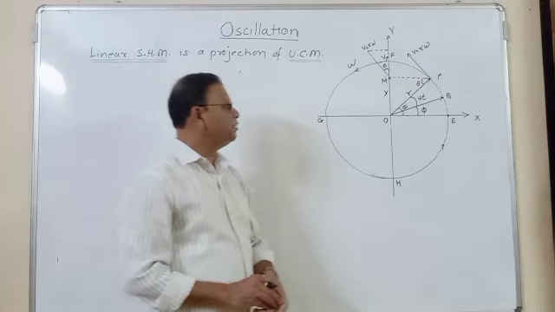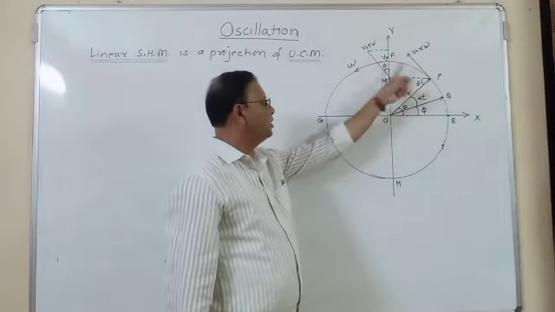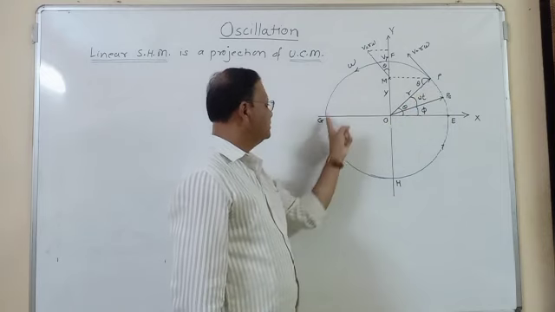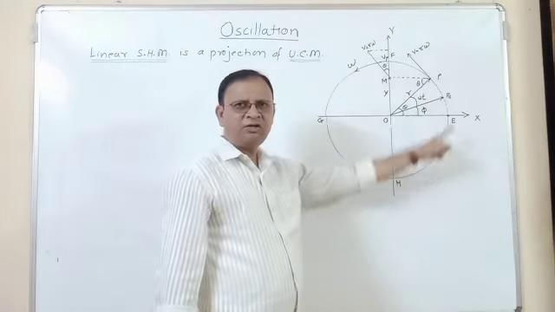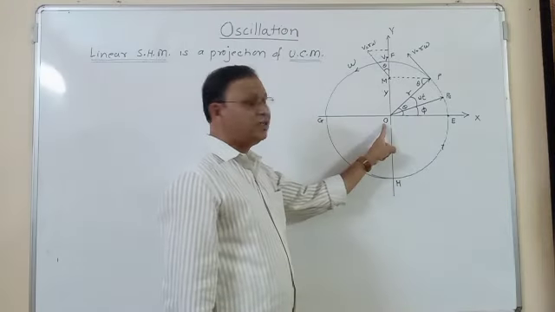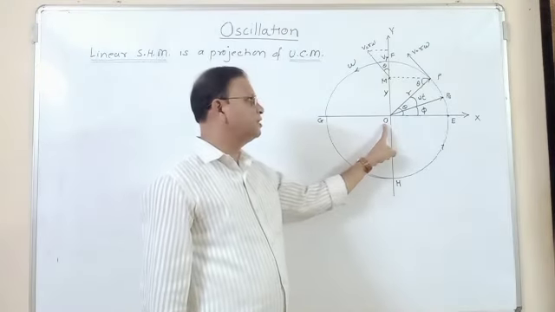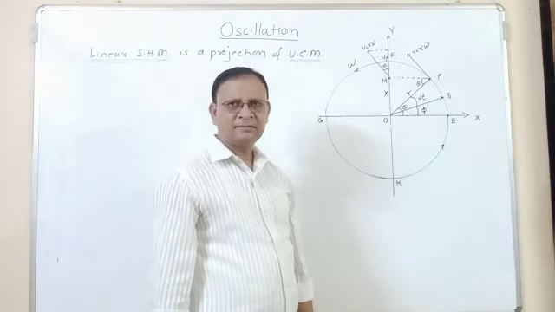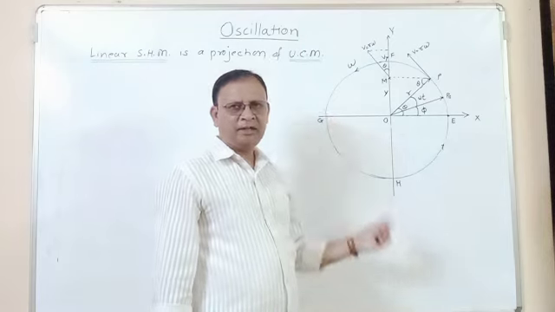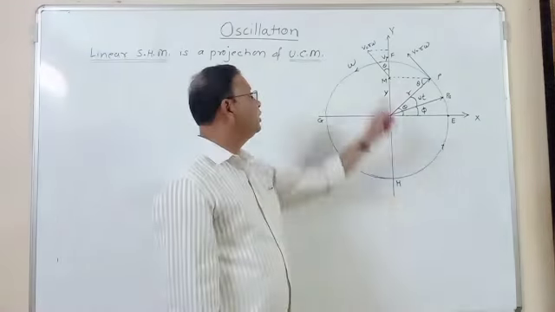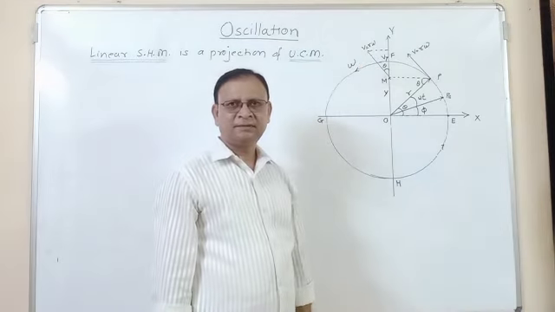Suppose the particle is performing uniform circular motion along the reference circle E, F, G, H. This circular path is called the reference circle. O is the center of this reference circle and R is the radius. As the particle is performing uniform circular motion, its angular velocity is omega.